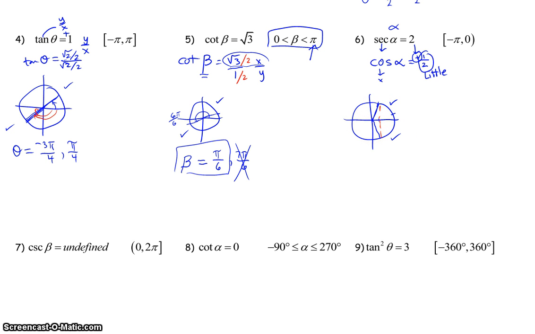Okay, so let's name those two angles. All right, so check your domain. This domain, notice we have a square bracket and a round bracket. That means negative pi is included in our domain. See that equal to sign? Oh, that's not an infinity. And 0 is not included in our domain. So this and this are exactly the same thing.